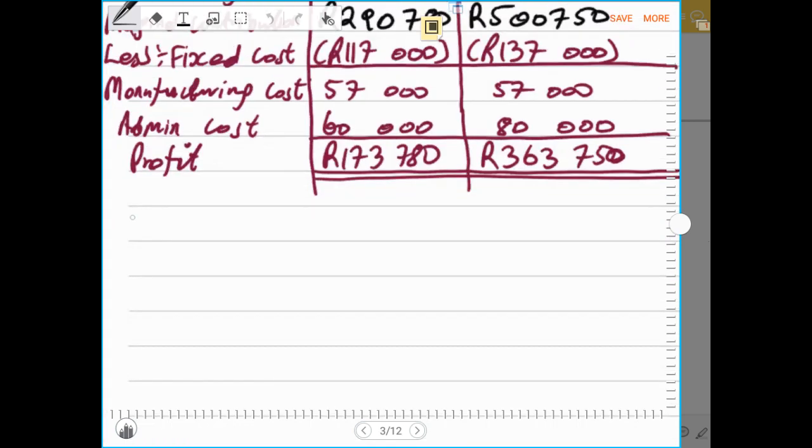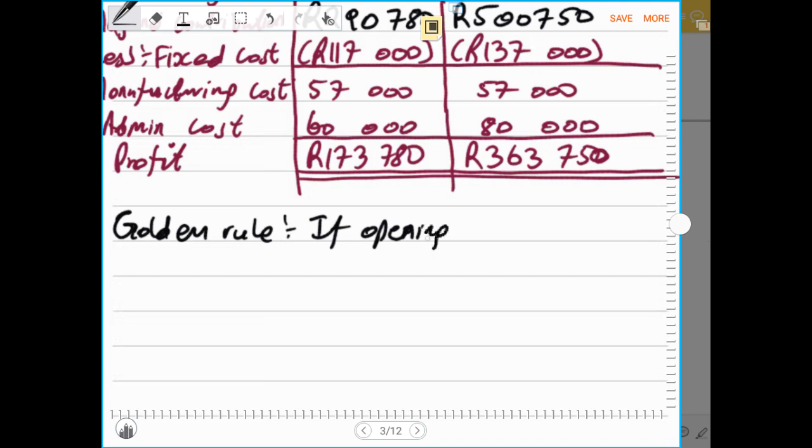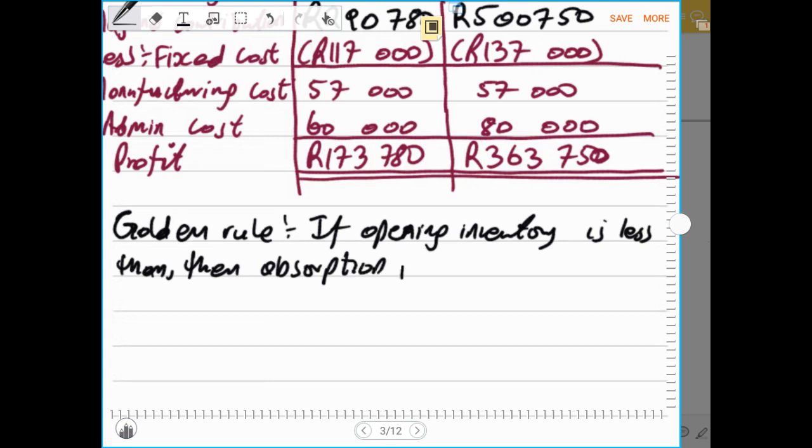The golden rule says, some lecturers call it a golden rule, which says if opening inventory is less than closing, then absorption profit will be more than direct profit.